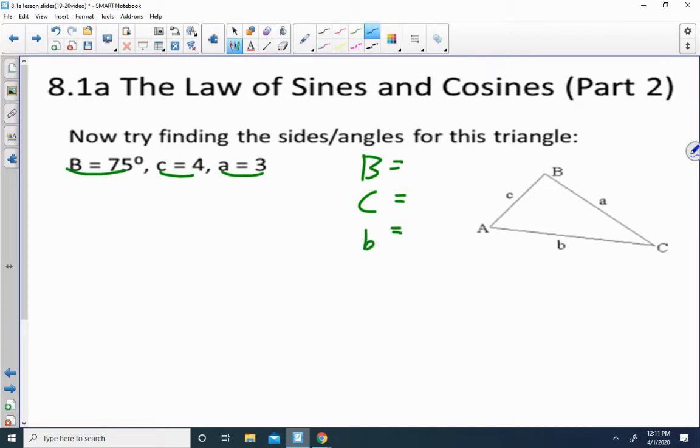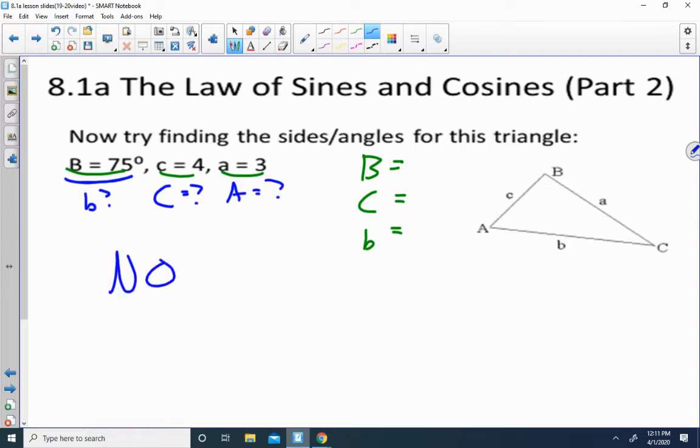Now, yesterday we learned about the law of sines, and the law of sines says as long as you have a pair, a big B and a little b, big A, little a, big C, little c, as long as you have a pair, we can do law of sines. But here's the thing. I can't use the B's, I can't use the C's, and I can't use the A's.